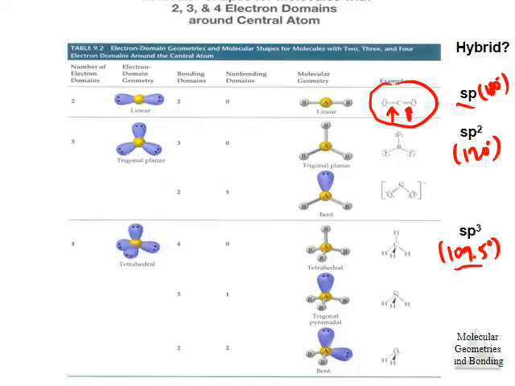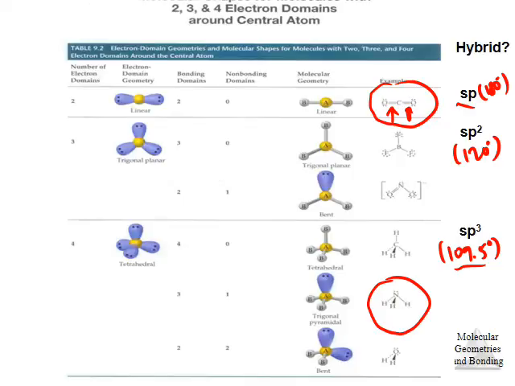Sometimes this angle could be a little bit squeezed, especially when you have an unshared electron pair or non-bonding electron pair, like in this molecule, NH3, which we discussed before. So that unshared electron pair is going to squeeze the other bonds so that they become smaller than 109.5 degrees.